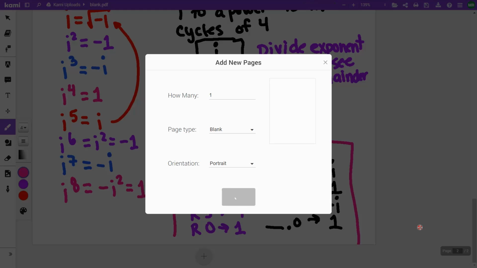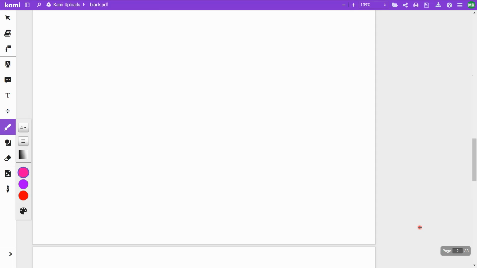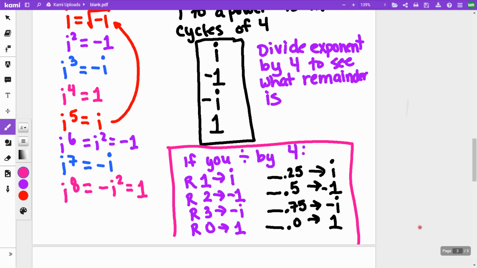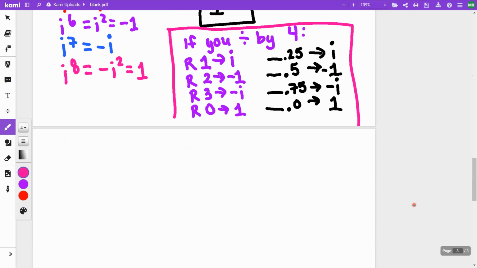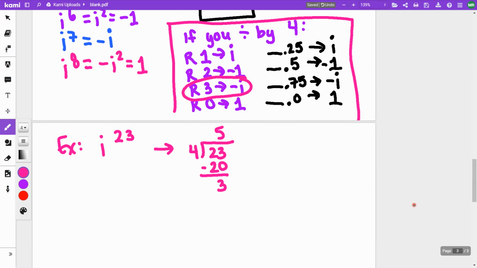So, for example, if they gave me i to the 23, 2 ways to think about it. 4 goes into 23 5 times, which is 20, with a remainder of 3. So remember, remainder of 3 is going to put me right here. So I know that the answer to this is going to be -i.